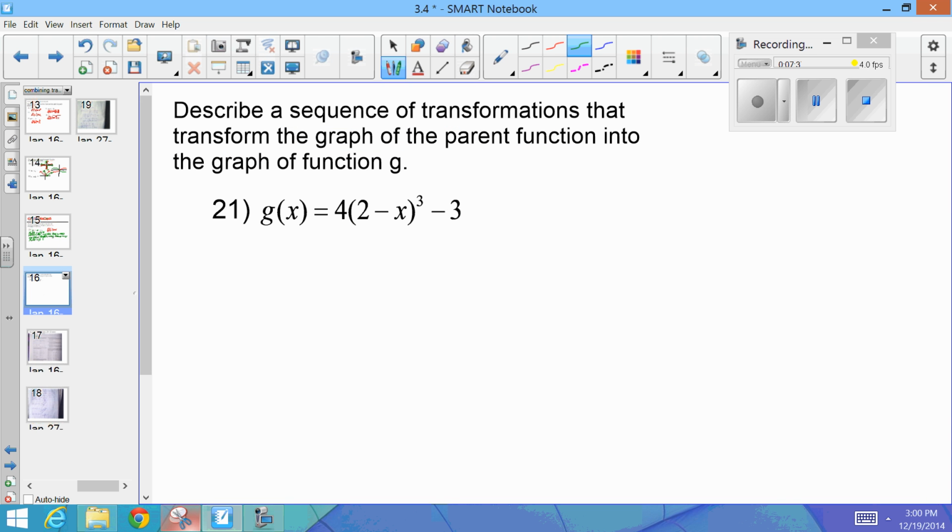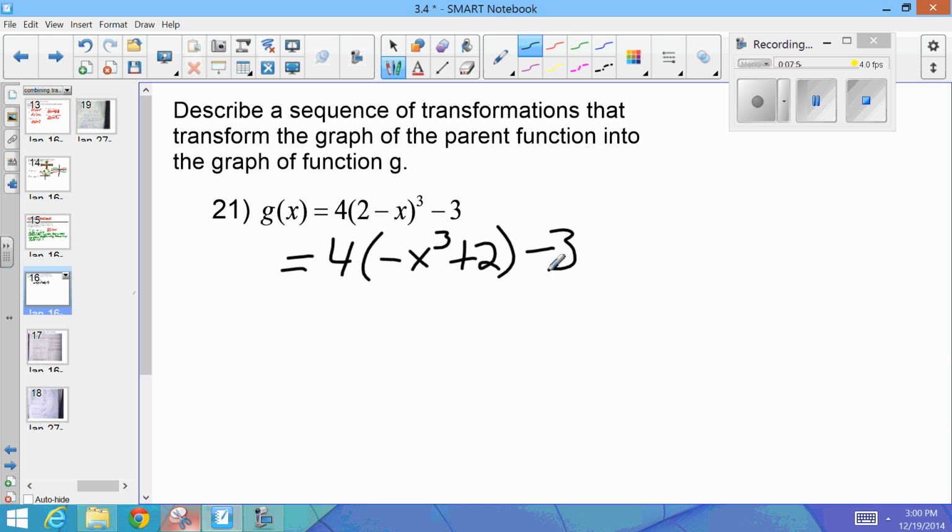All right. Problem 21. We've got a switching of order here. Let me rewrite this, where I'm going to put -x cubed plus 2.